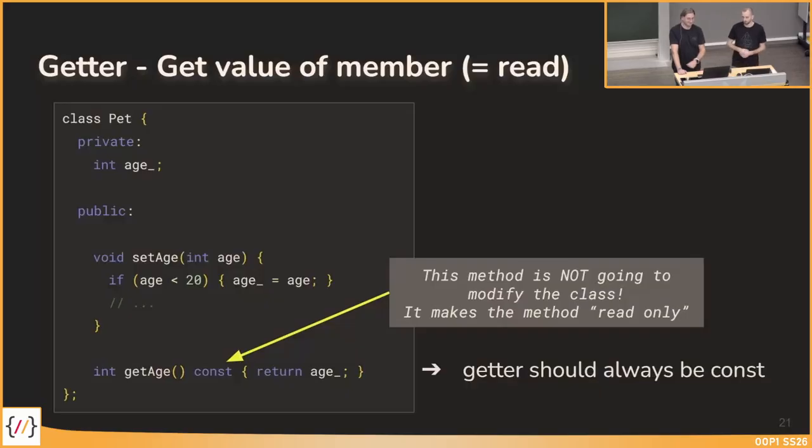Getters usually should be const, because you just get something and you don't modify it. Setters, on the other hand, have the purpose of modifying the object, so const would not make sense here.